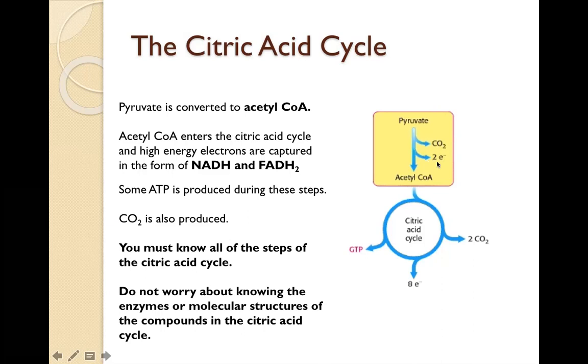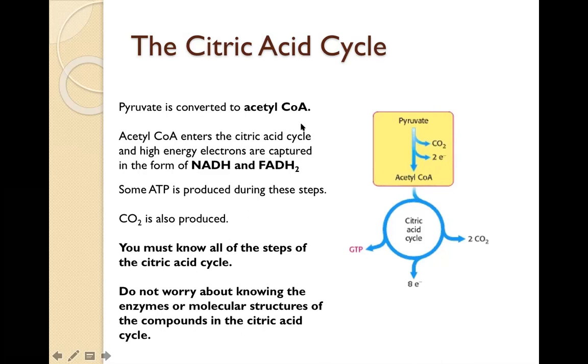And we'll see that there's also a couple of electrons here, and we'll see where those electrons go in the next image. But this pyruvate is converted to an acyl unit, or a 2-carbon unit. And when it combines with the coenzyme A, it turns into acetyl-CoA, or acetyl coenzyme A.